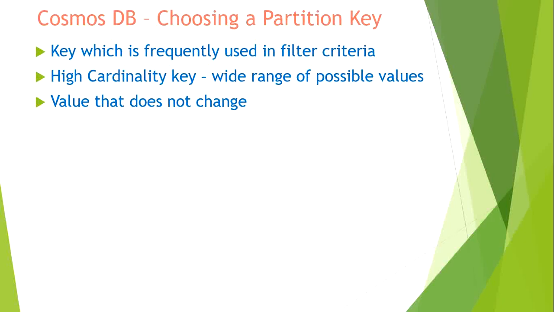In addition to that, the key that you have chosen should have a wide range of possible values. It should not be that you have millions of records and the cardinality of the partition key is only 10 to 15 possible values.